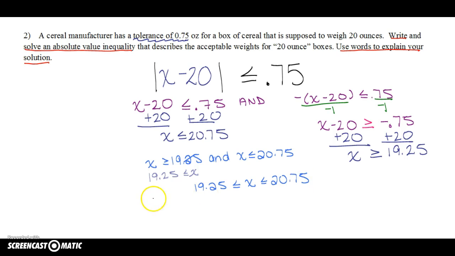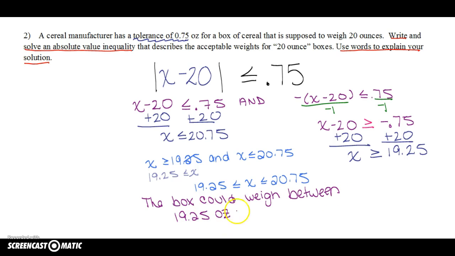In words, this means the box could weigh between 19.25 ounces and 20.75 ounces.